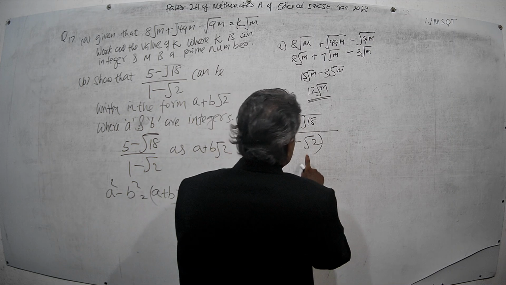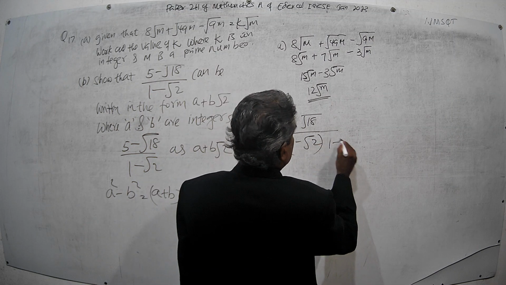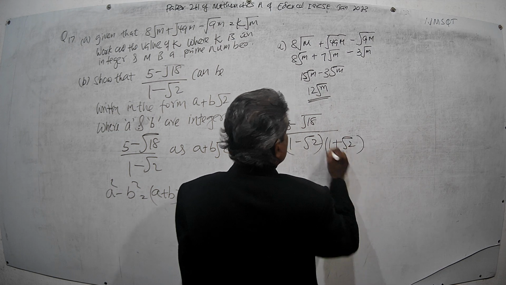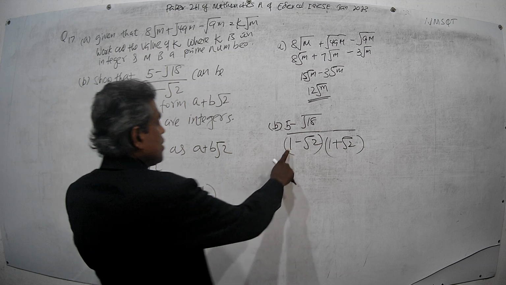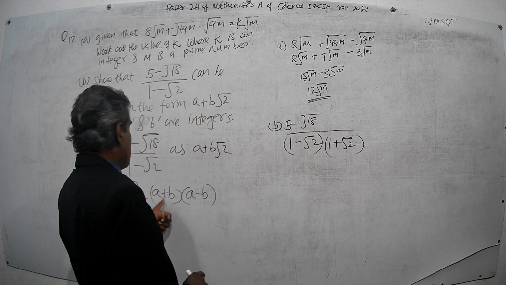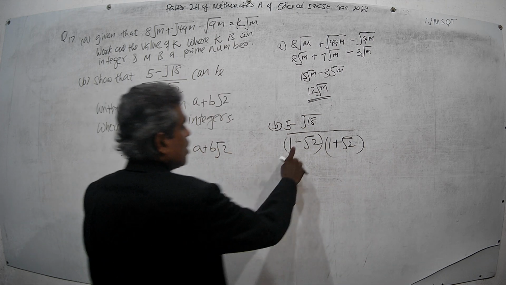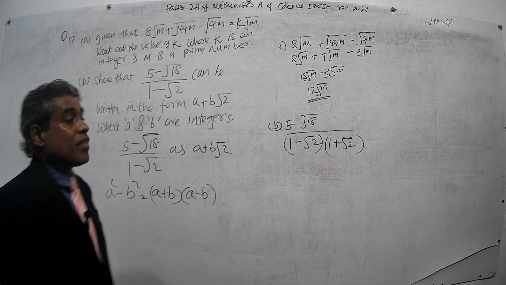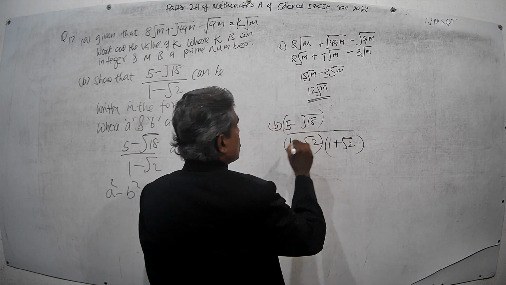You have to multiply this by 1 plus root 2, like that. See, a is 1, b is root 2, then a plus b is 1 plus root 2, and a minus b is 1 minus root 2. Then when you multiply this by that, you multiply this root.